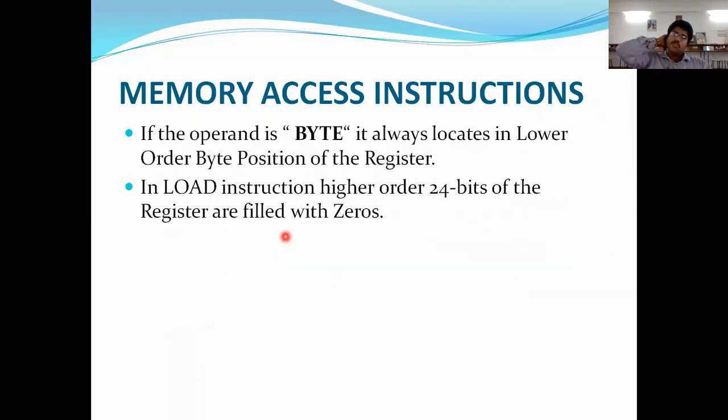Next, as we have discussed previously, the size of an ARM is 32 bit. How many bits? 32 bits. The register size is also 32 bit, and the word length of ARM is also 32 bit. Here we can access the data in ARM in multiples of 8 bit only.